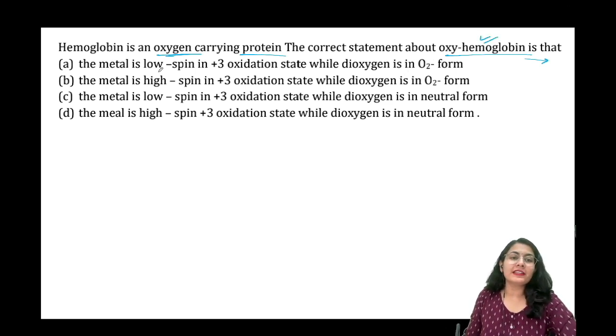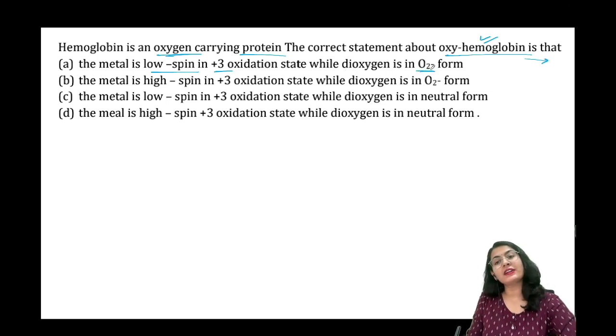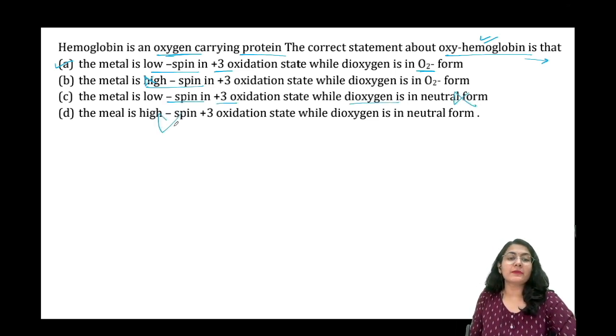Metal is low spin in the +3 oxidation state, while dioxygen is in the O2 minus form, that is the superoxide form. Alright, this seems to be correct. Metal is high spin. No, in the oxy form it's not high spin. Metal is low spin in the +3. Yes. Dioxygen is the neutral form. No. Metal is high spin. Completely wrong. Only A is the correct answer.